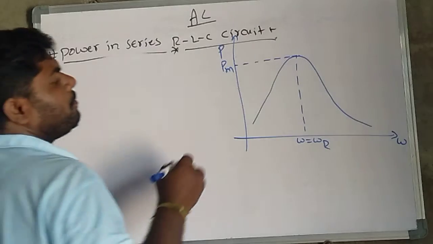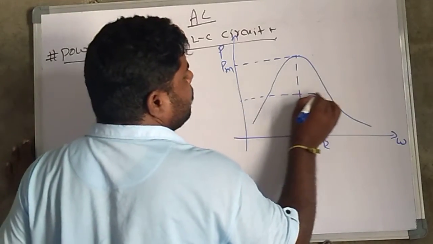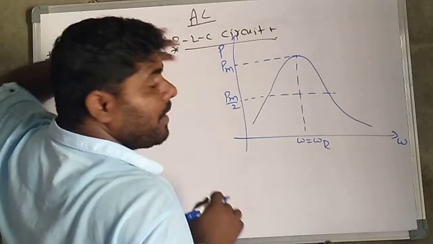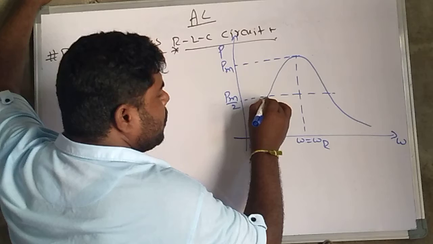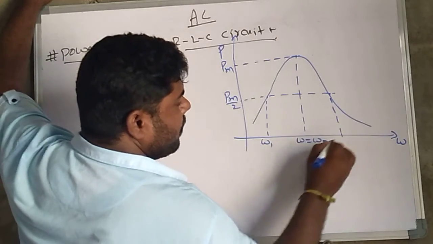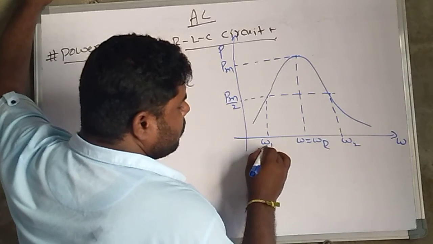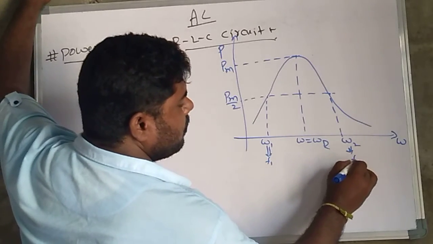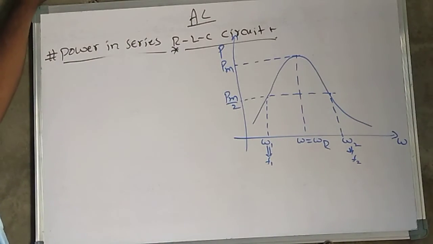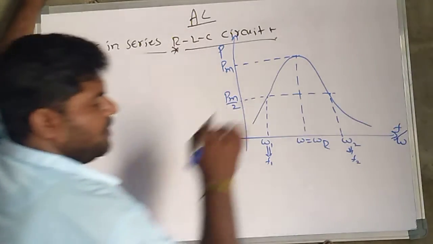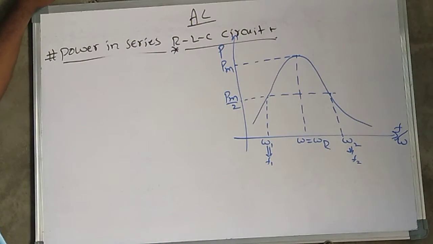At the midpoint, half of the power, that is maximum power by 2, the average power, there are two different frequencies. This one we call omega 1 and the other omega 2, or else F1 and F2.